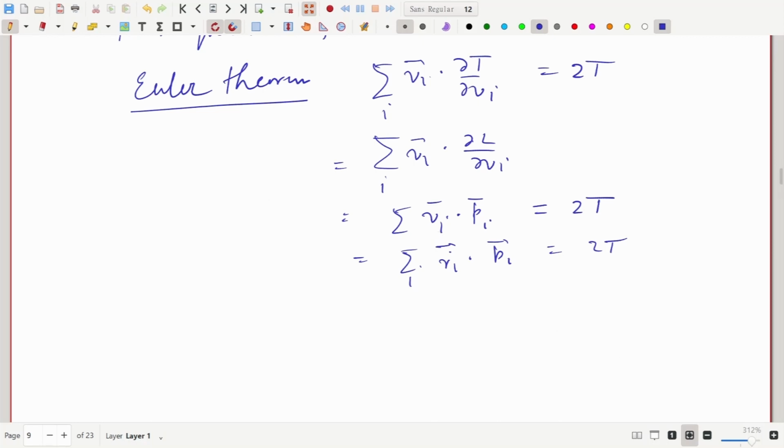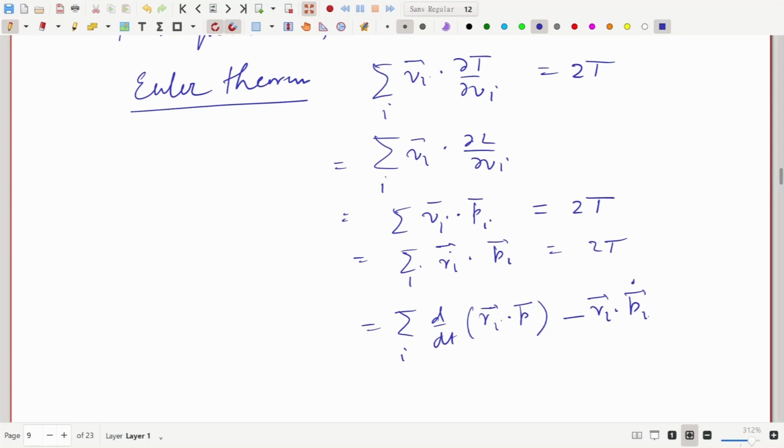So, this I can write with a simple rearrangement as d/dt of ri vector dot pi vector. The first term I will get when I differentiate ri, minus the second term, which will be ri dot pi dot.